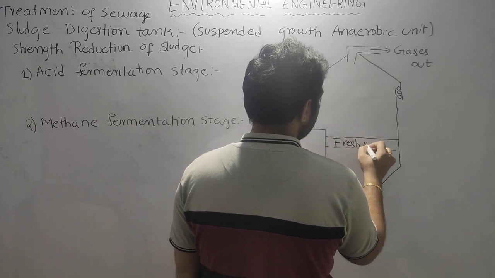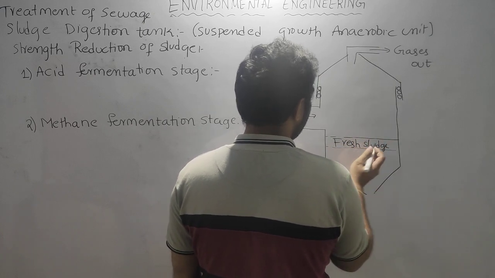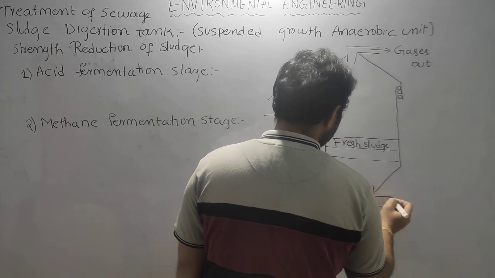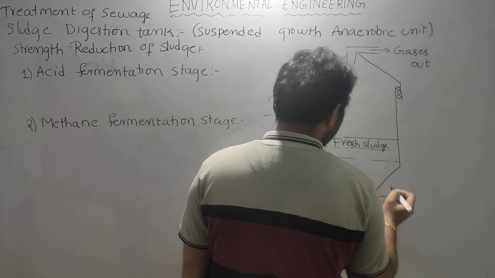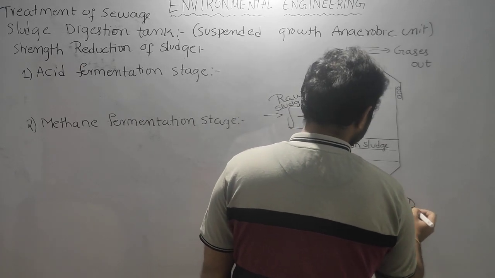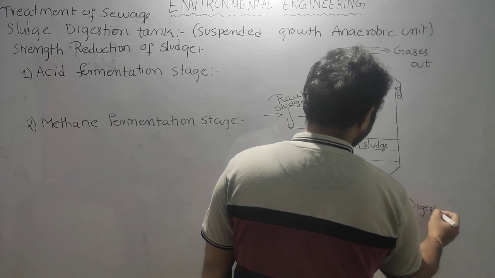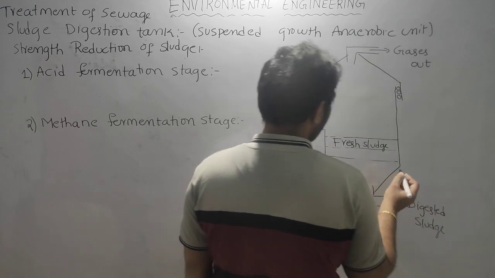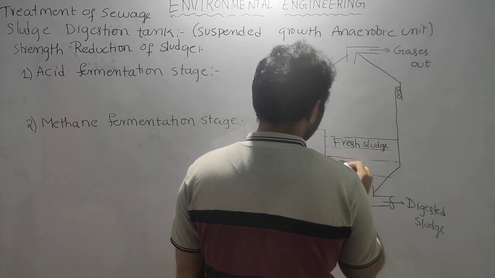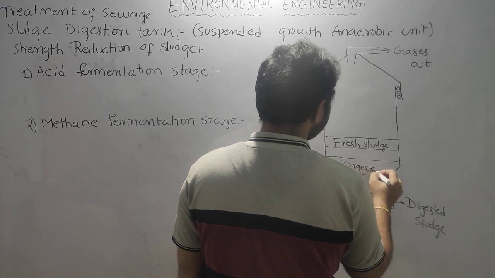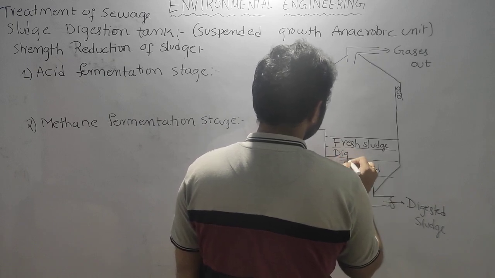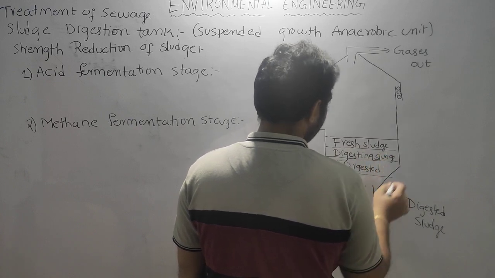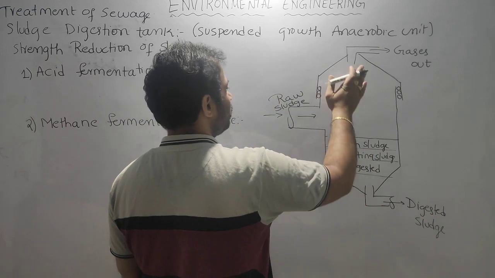Whenever it is digesting, it will come down, because at the same time we are removing the digested sludge from here. So this is digested sludge, this is digesting sludge, this is solid out, this is solid and this is gas.